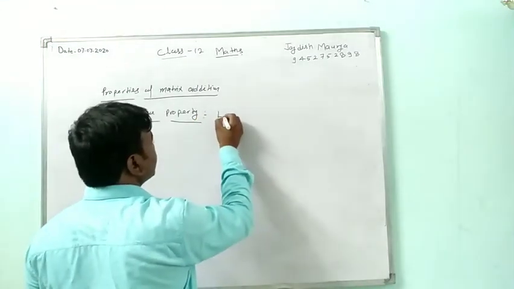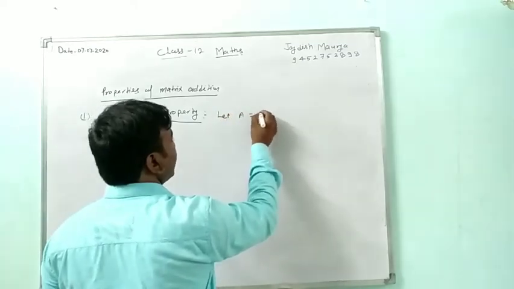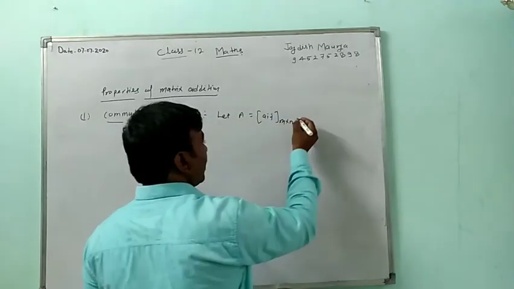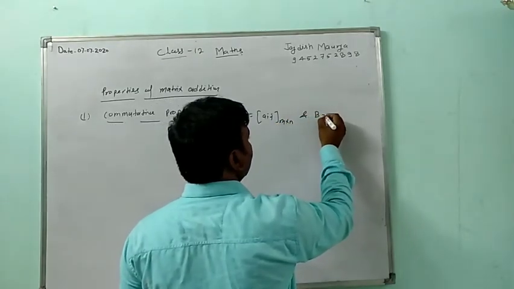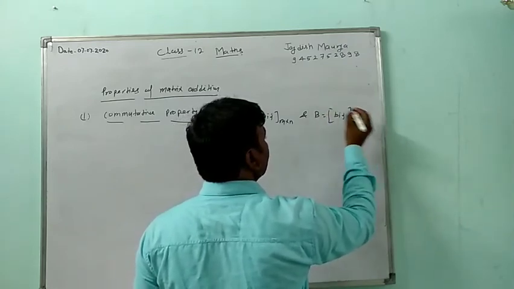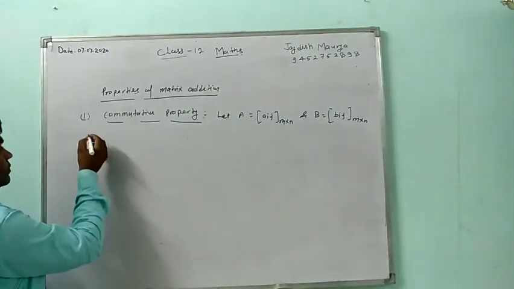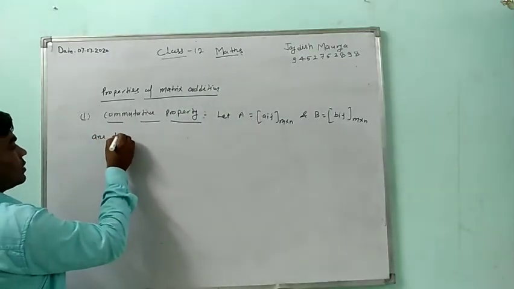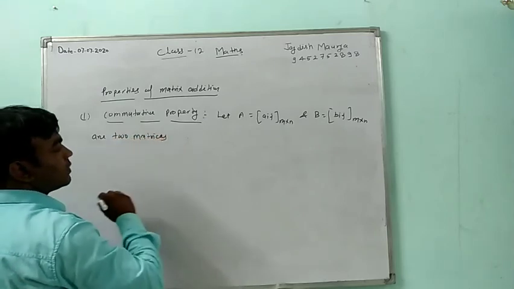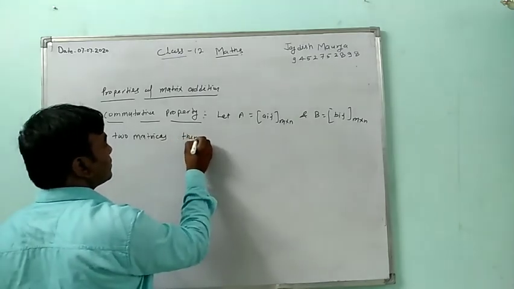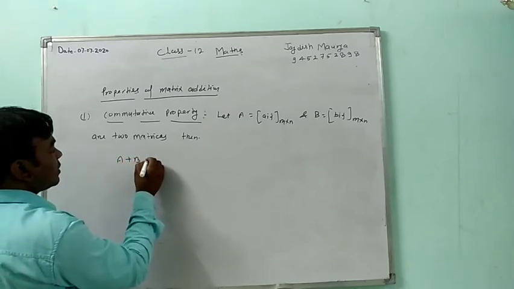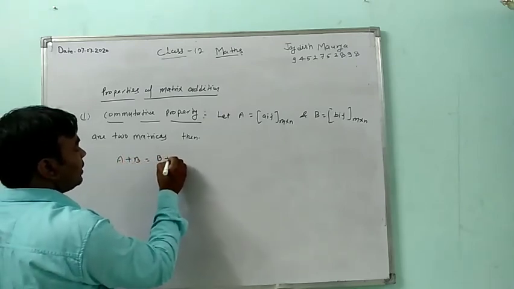Let A equal to Aij of m by n and B equal to Bij of m by n be two matrices. Then A plus B equal to B plus A.